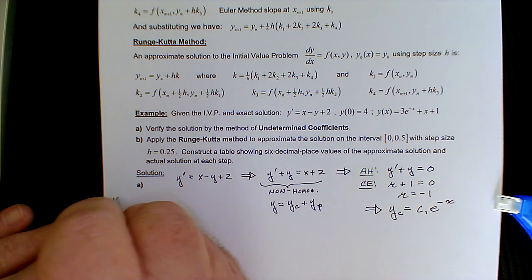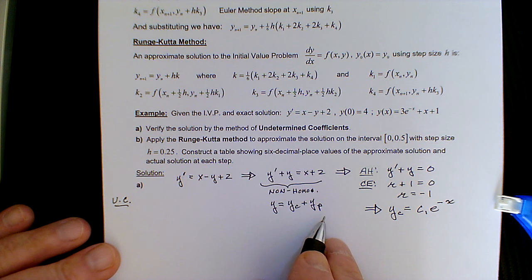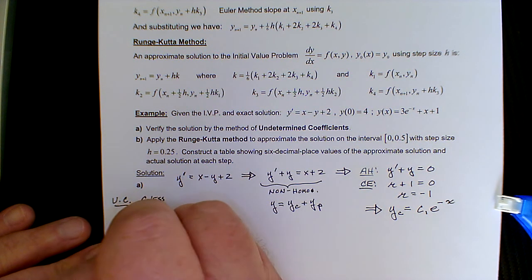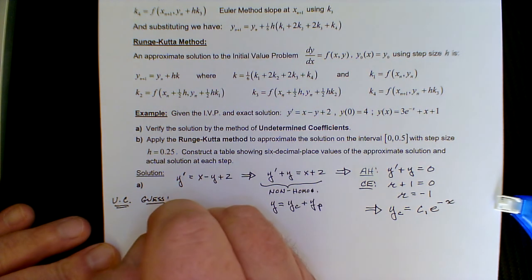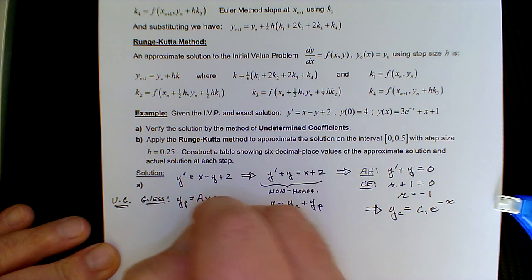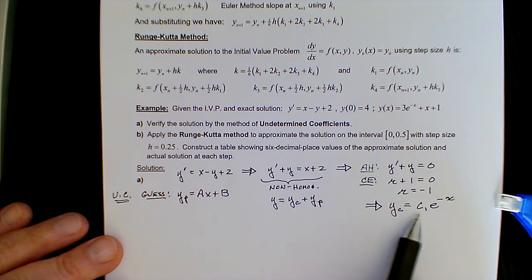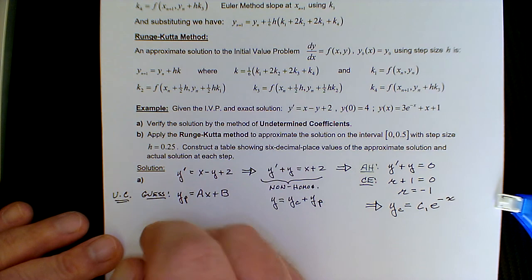And now we have to use undetermined coefficients to get the particular solution. So our guess is based on the function, and it's x plus 2, so we'll say that y sub p is ax plus b. Remember, we're going to compare that guess to the complementary function to see if there are any duplications, and we can see that there are no duplications, so therefore that's a good guess.